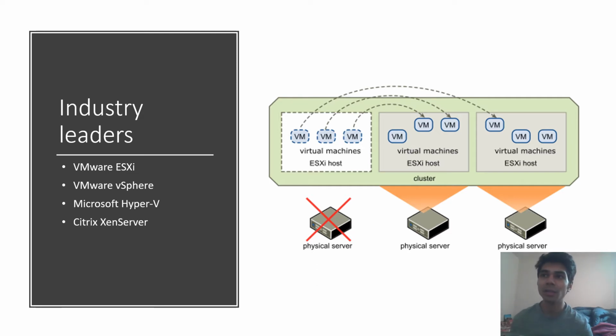So on the right-hand side, you see the diagram, which is a perfect example of optimization and optimal resource utilization, wherein the ESXi host developed by VMware does not have to rely on underlying hardware for 1 out of 3 hosts. So this cuts down the utilization by about 30%.